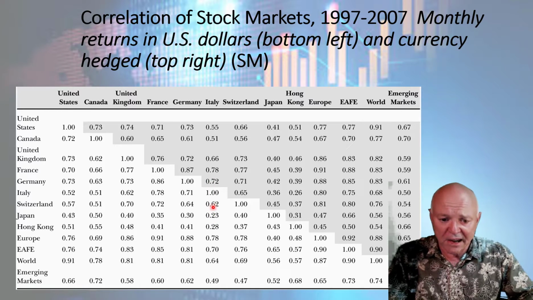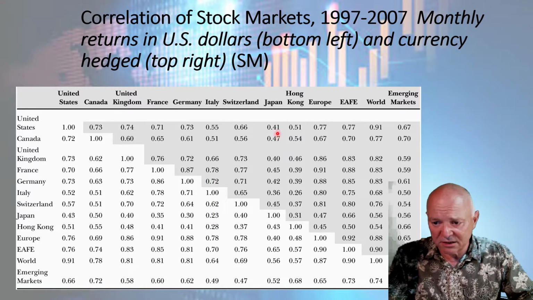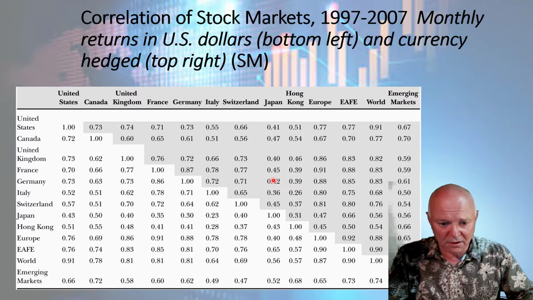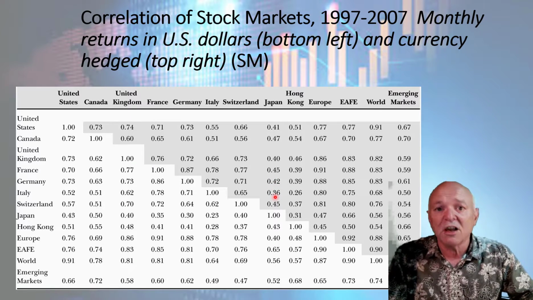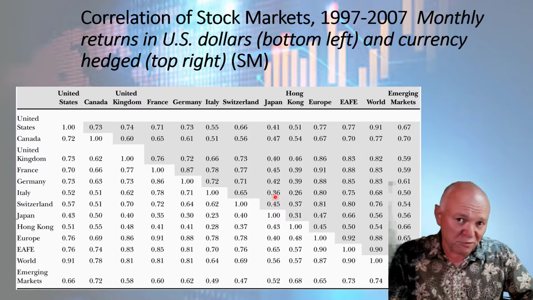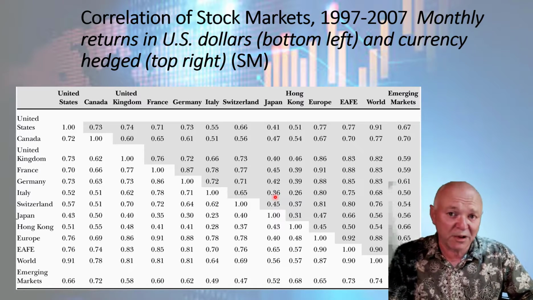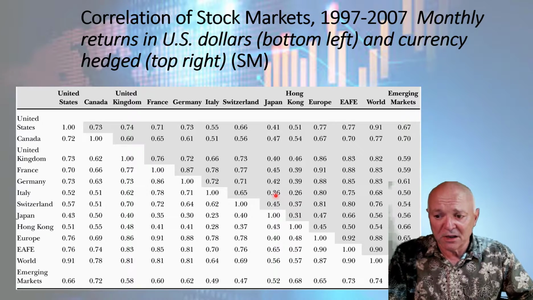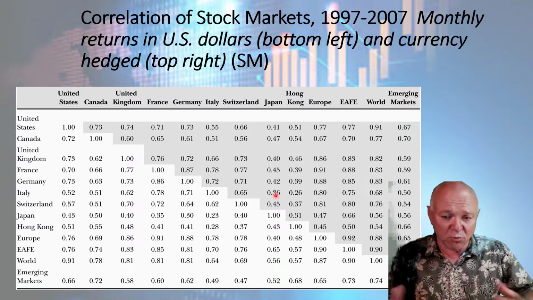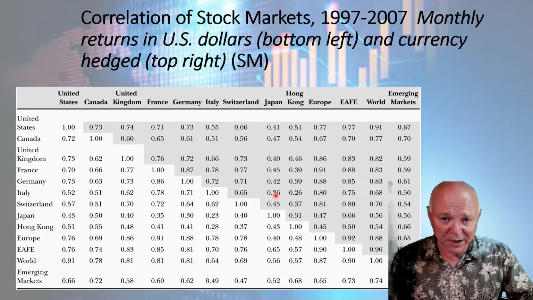And even if we account for the effect of Japan versus Italy hedged, there we go, 0.36, we still have a substantial improvement over the 1-to-1 correlation coefficient that we'd have if we stayed in our home market. So the message here is that random correlation is going to work, but even better if we can find one with the right kind of currency exposures.